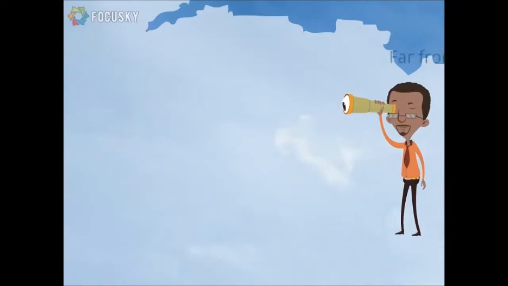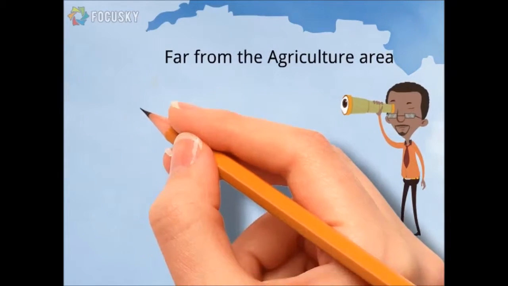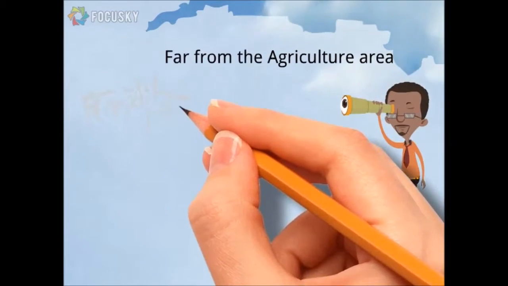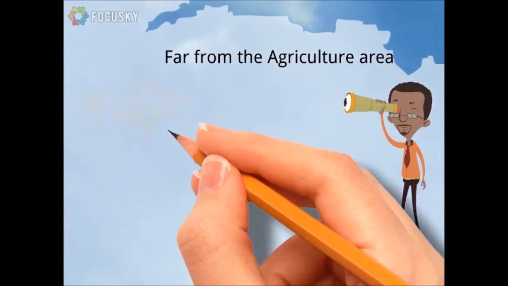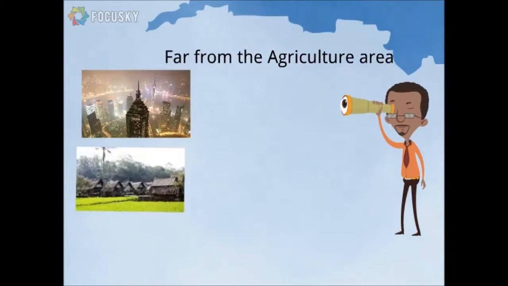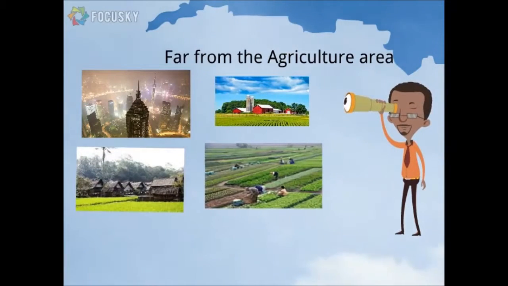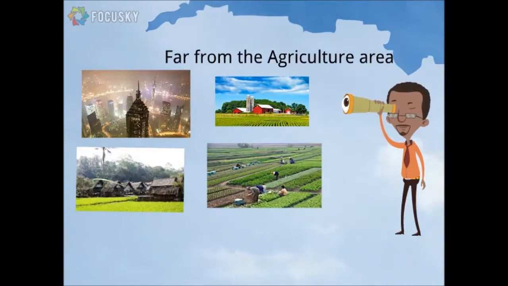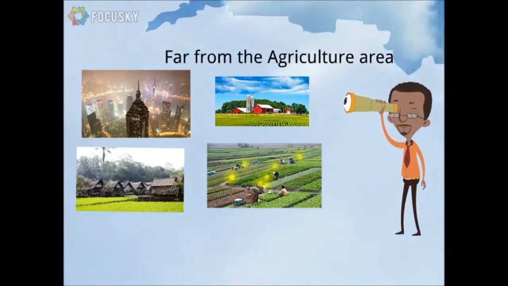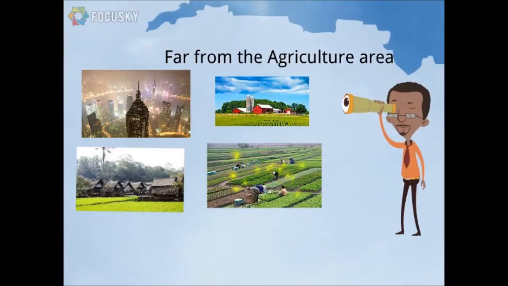The next indication is being far from the agriculture area. Urban areas are recognized as the center of business activity and industrial activity. Because of that, there will be an issue of the cost to obtain agriculture products since the majority of agriculture products are produced in rural areas.